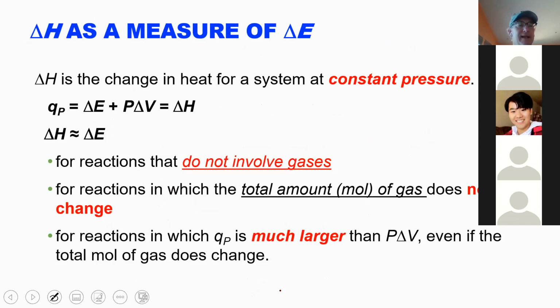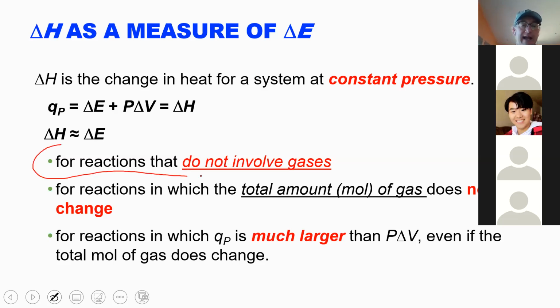So as I mentioned, enthalpy, or delta H, is a change in heat of the system at constant pressure. Generally, these are the places where that is true. If reactions don't involve gases at all, obviously the pressure is not going to change.